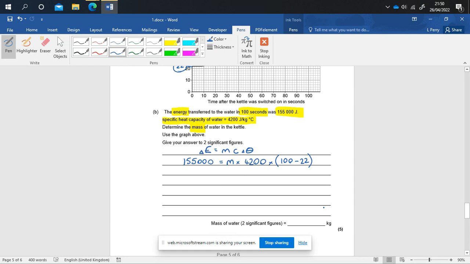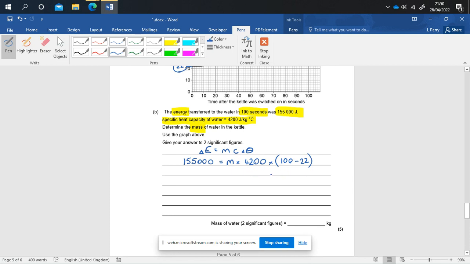So I'm going to make this a little bit easier for me. I've got some numbers here. I can actually do this part of the calculation in one go. So I'll do 100 take away 22. I was right, it's 78. And I'm going to times it by the 4,200. So I'm just doing this bit of the equation.